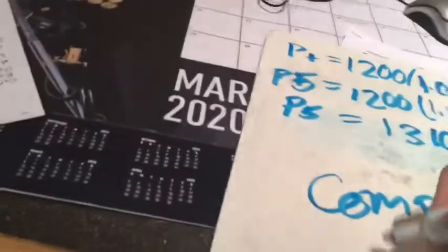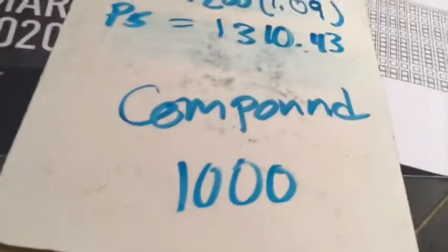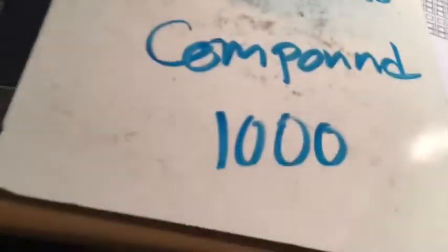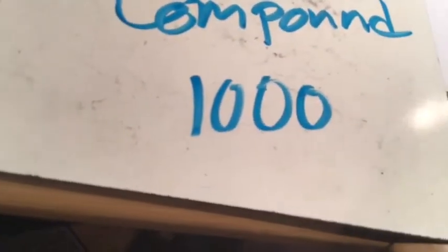So when you have an account that has compound interest, for example, say you were born and your parents put $1,000 in an account, and every year you compound your interest. Let's say in that first year you made $500 in interest.